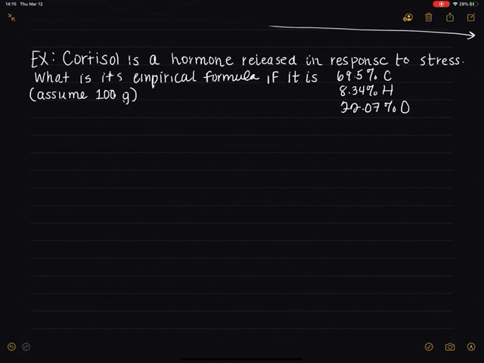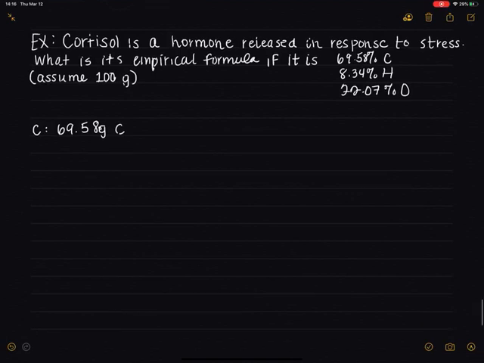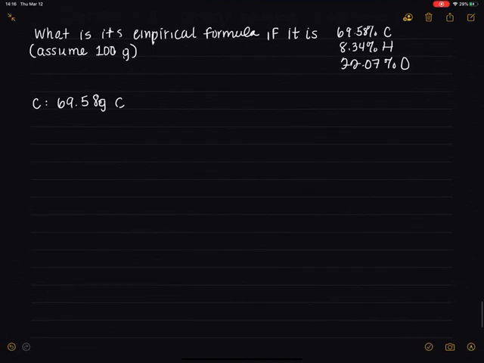We get 69.58 grams of carbon. We get 8.34 grams of hydrogen, and we get 22.07 grams of oxygen. What do we do once we have masses? Go to moles.